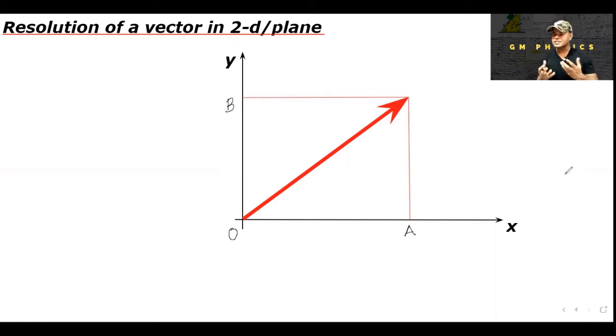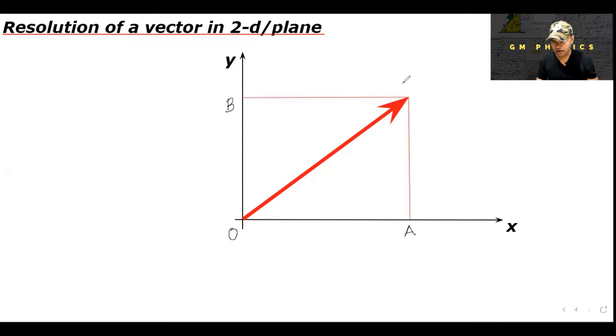Resolution of a vector simply means you find or you project a vector along different axes, x and y, of a Cartesian plane or a rectangular coordinate plane or simply an xy plane. So a vector quantity, it can be anything, force, displacement, velocity, etc. Whatever it be, we represent it with an arrow.